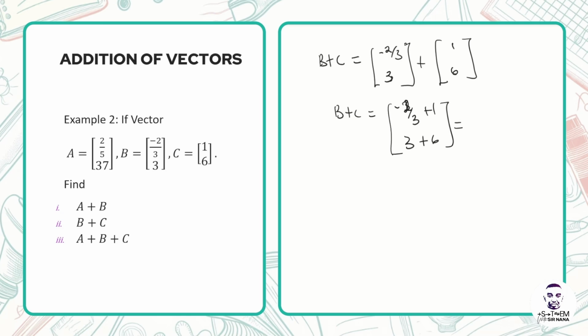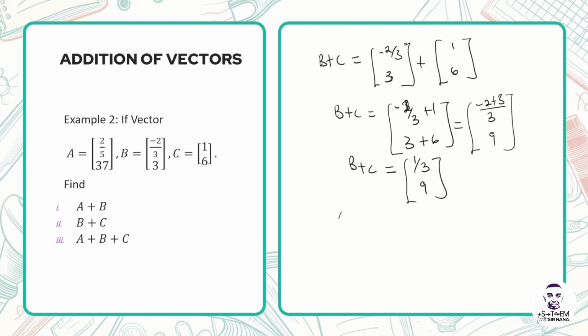Our LCM will be 3. 3 will go into itself 1 time, and 1 times -2 is -2. Then 3 will go into 1 with a multiplier of 3, giving 3. This is a simple fraction that we are doing. Then 3 plus 6 gives us 9. So B plus C should be equal to 1/3 for the top, since -2 plus 3 is 1, and then 9 for the y coordinate.